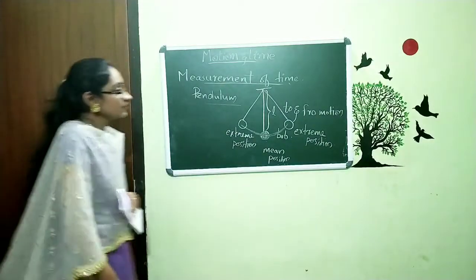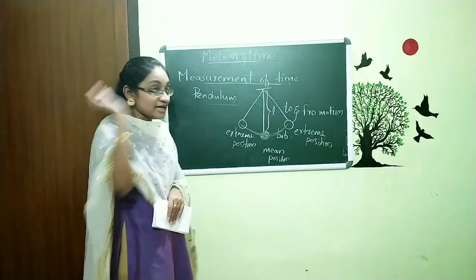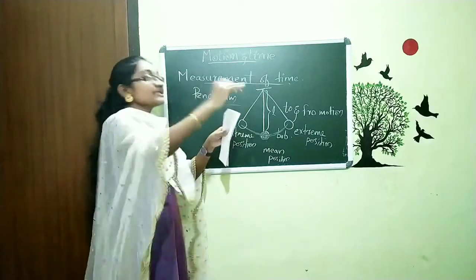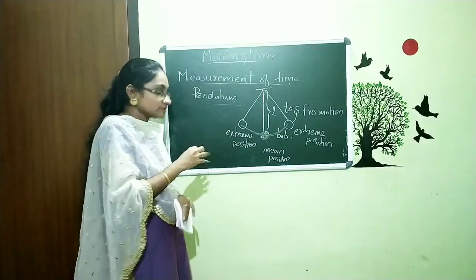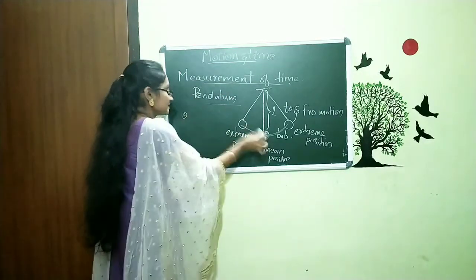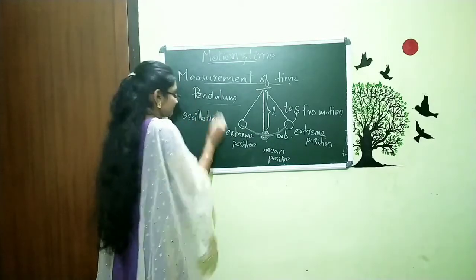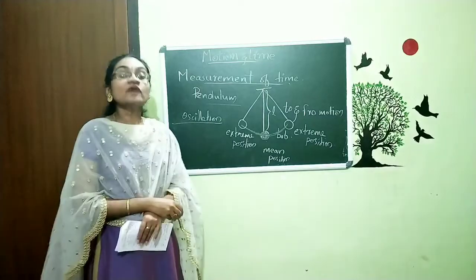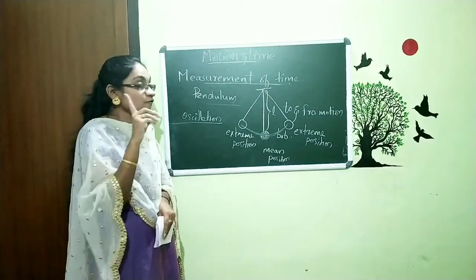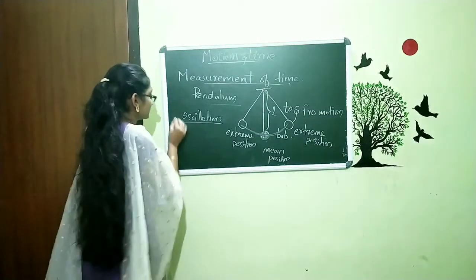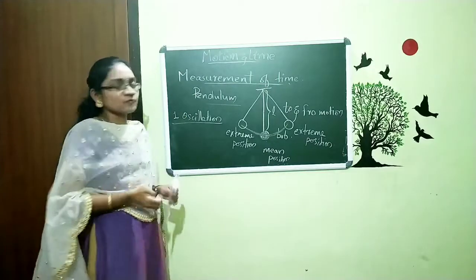Now, I just said that I am oscillating this pendulum. So, the oscillation is done for this. Now, we want to study what is one complete oscillation or one oscillation of a pendulum.